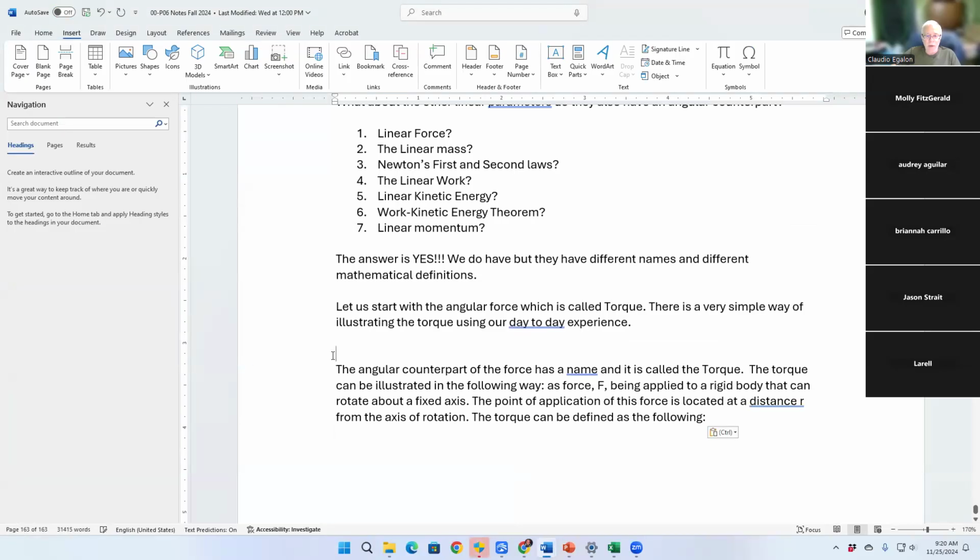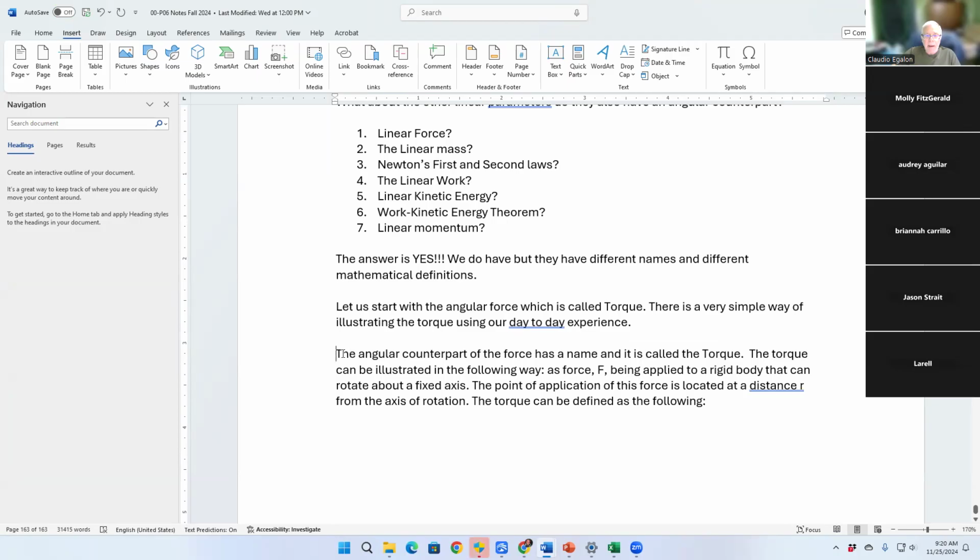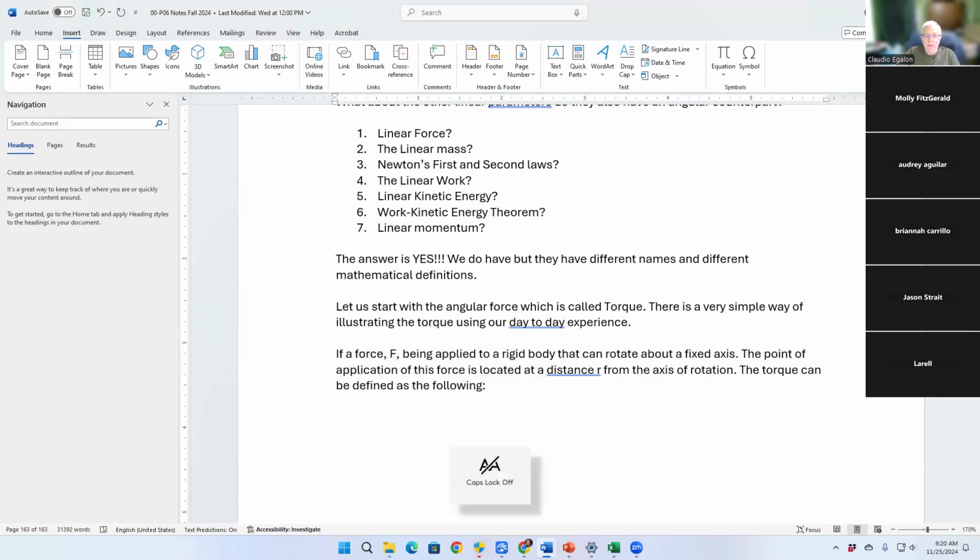So if a force is being applied, let's write it this way. If a force F is being applied to a rigid body, then the rigid body may rotate about a fixed axis.